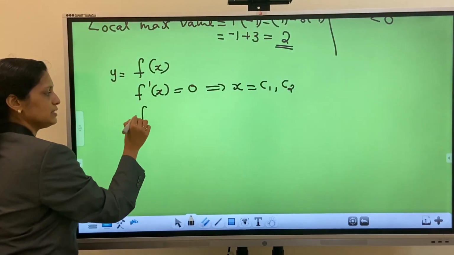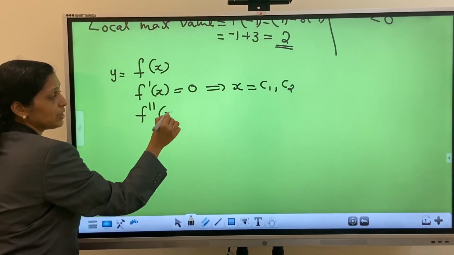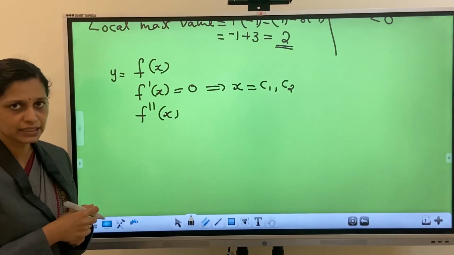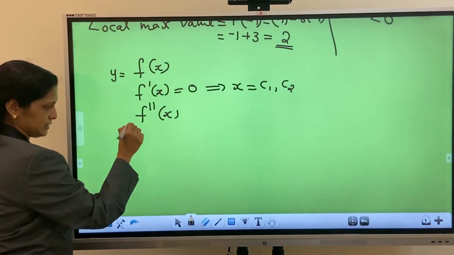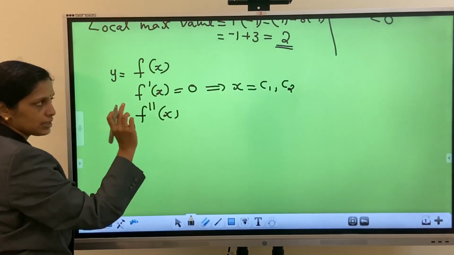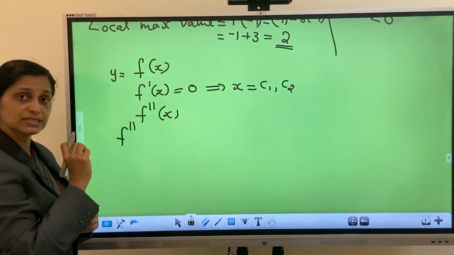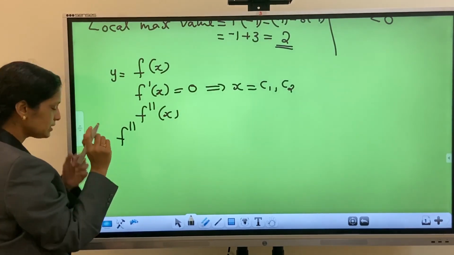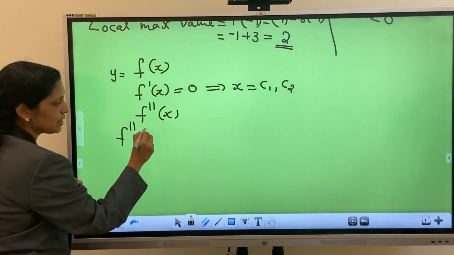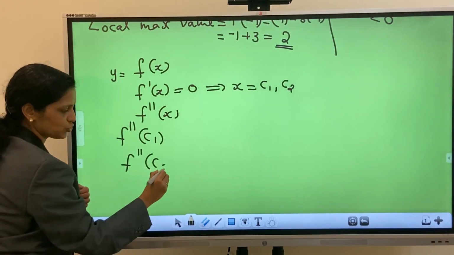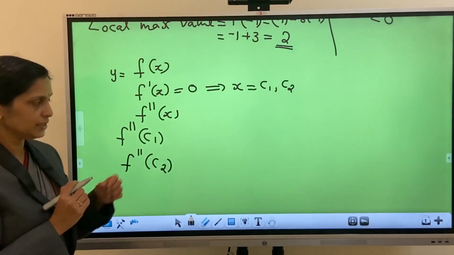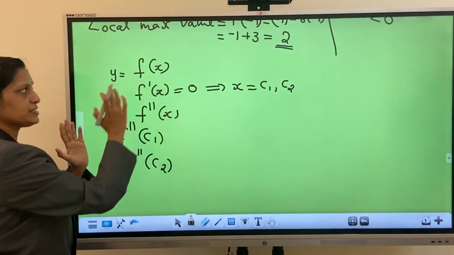Next, after this, you have to find f double dash x, that is the second derivative. It is enough to just give C1 and C2 in the second derivative. That is, it is enough to find f double dash C1 and f double dash C2. I am repeating. We have a function y is equal to f of x.